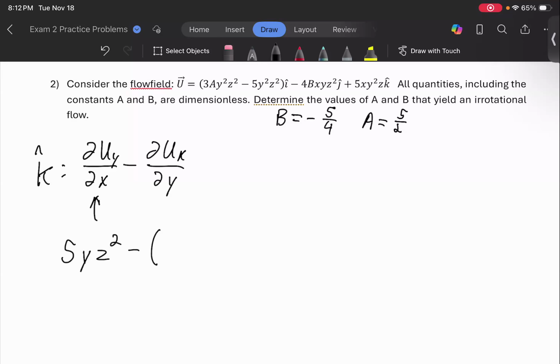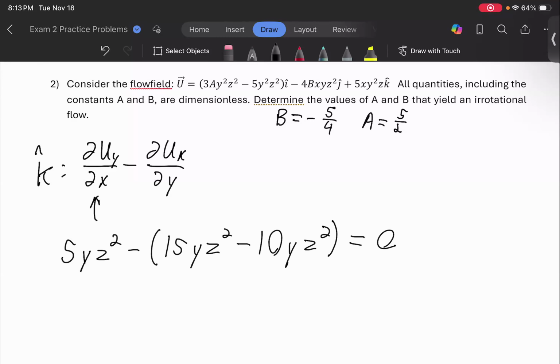There's partial x, partial y. So you end up getting 6 times a, which gives us 15, 6 times 5 halves, y z squared, minus, and we do take partial y, so it's going to be minus 10 y z squared.